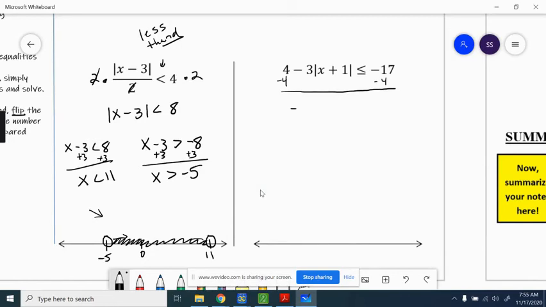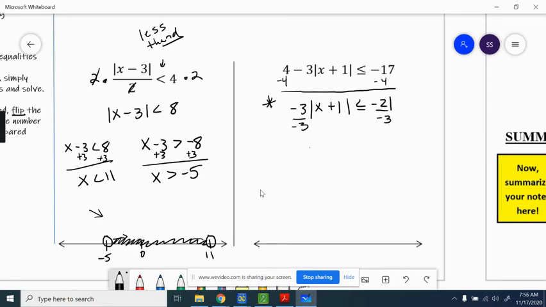And I'm left with -3 times the absolute value of x plus 1 is less than or equal to -17 minus 4, which is -21. And now I want to divide by -3, divide by -3. And let's put a little asterisk here. Anytime we multiply or divide by a negative to solve, we need to flip the sign.